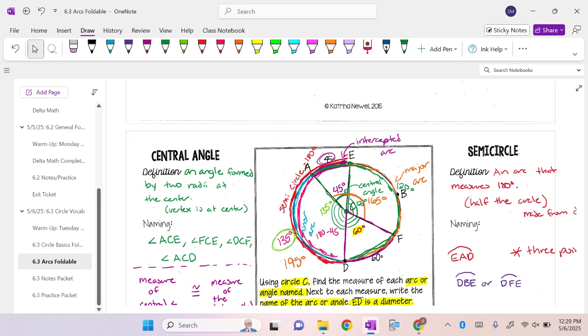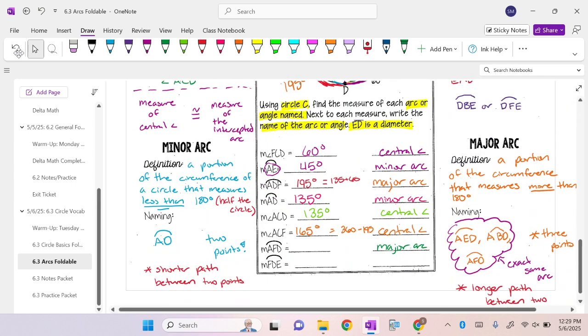Right, we got 45, we got 120, we got 60. All three of these are pieces of our puzzle. So what do I have to do to find that arc measure? Add 120 to 60 and then add 45 to that. So 120 plus 60 is 180. Add 45, you get 225 degrees.